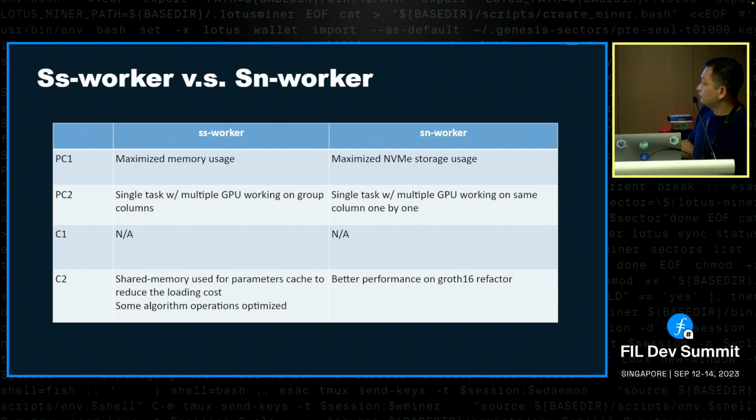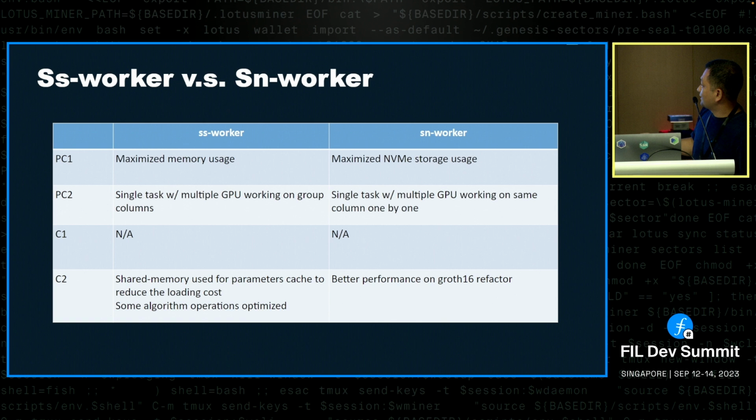For PC2, the SS worker works with multi-GPU on group columns. For example, if you have 2 GPU cards, one GPU will work on the first group from 0 to 3, and another GPU will work on 4 to 7.